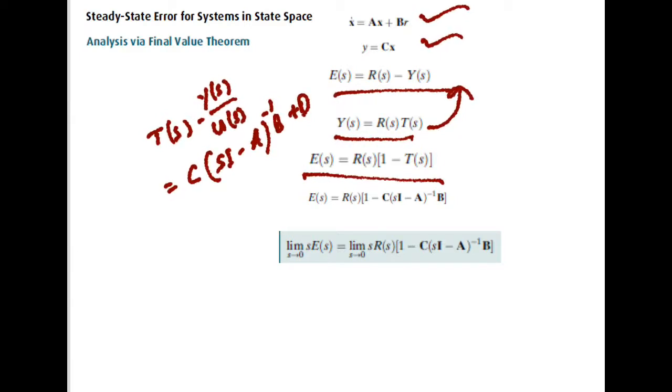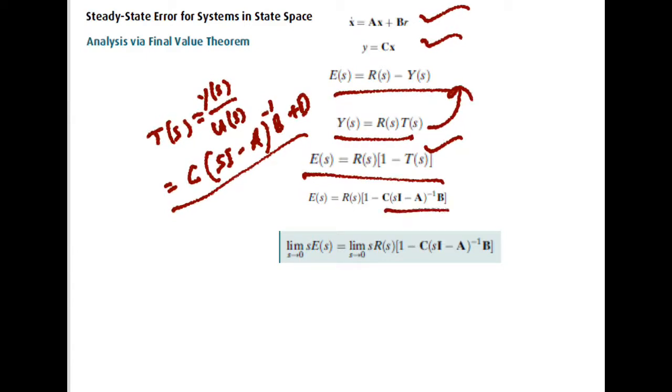We also know T(s) is the transfer function, which we calculated in the previous module. This transfer function is Y(s)/U(s), which equals C(sI minus A) inverse B plus D, that we have calculated in the state space representation.